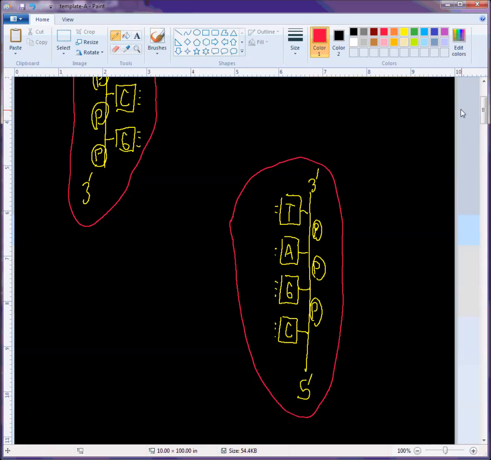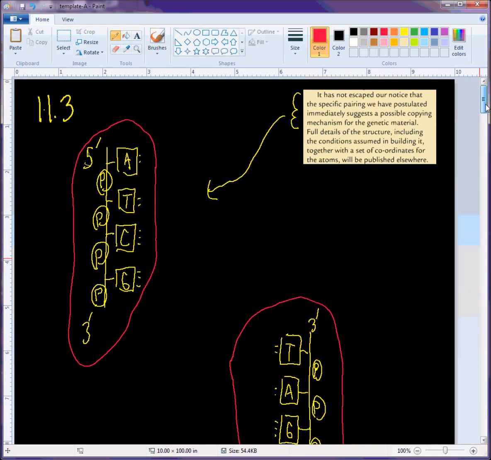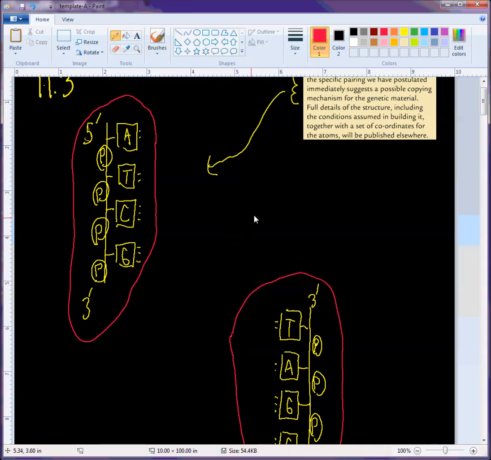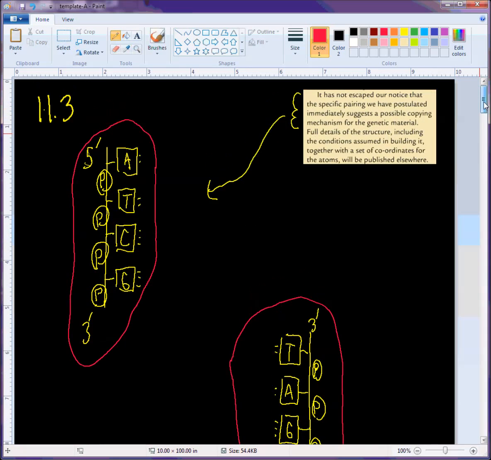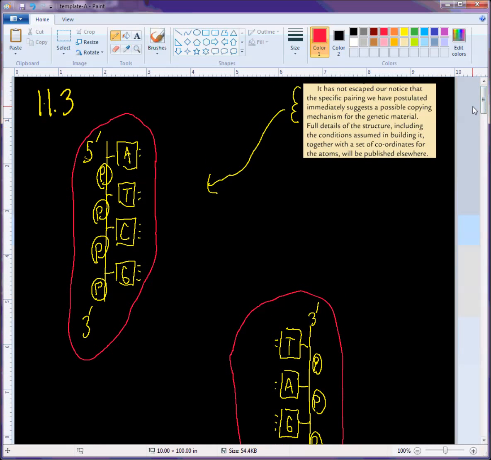They didn't know how DNA was replicated, but having the structure right away suggested a very logical way that the DNA could be replicated. And as long as the replication process was careful, to make few mistakes, then you could copy the DNA and pass it to the next generation with few mutations.